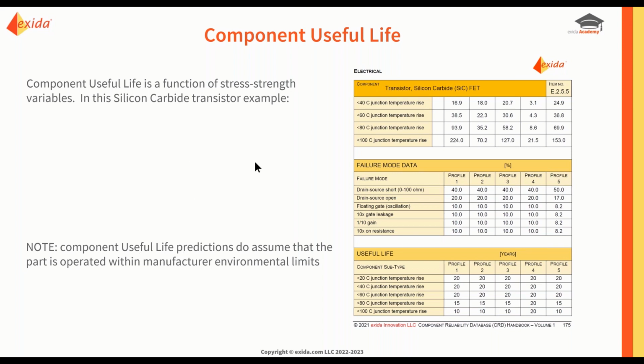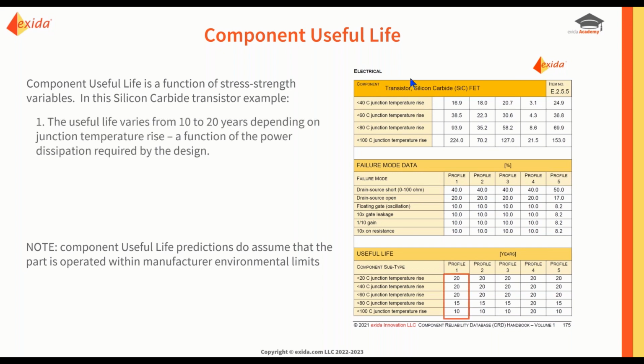Let's take a look at this silicon carbide FET. Now, these are big, high current FETs. They're meant to handle many, many amps of current. Some of them are physically quite large, as big as my coffee mug, or even bigger, perhaps. Let's take a look at the useful life specifications.